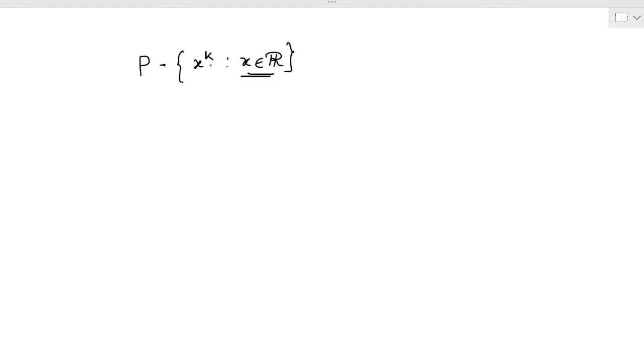There is no zero function contained here. The zero function is simply zero for all x belonging to R. I'm not saying keep zero, that is not the case. I'm saying the zero function is zero for all x belonging to R. So it is not contained here.